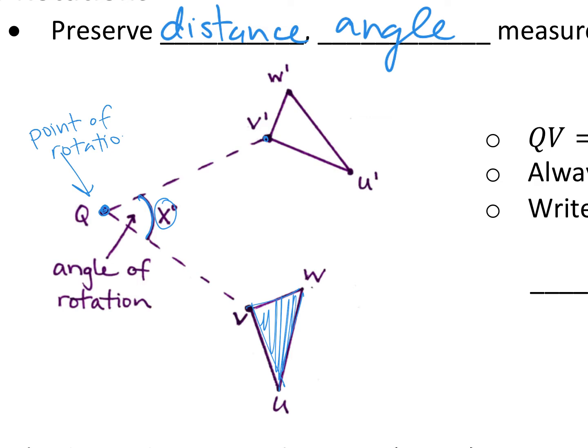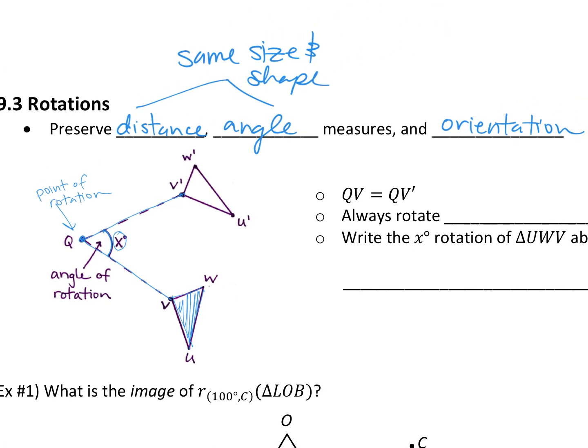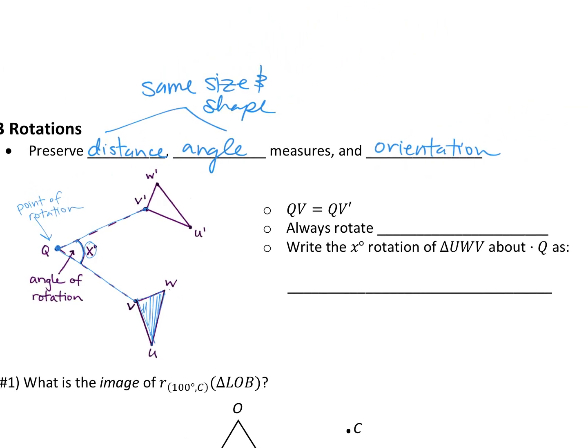Okay, that's the point we are rotating around. If I connect a line to V and V prime, I get my angle of rotation. So you guys are going to be drawing that line in. You're going to connect your point of rotation to the point you're trying to rotate, then you're going to measure your angle, and you're going to mark your new point, okay? And that will make more sense once I lay it all out for you, but just so you're clear on that.